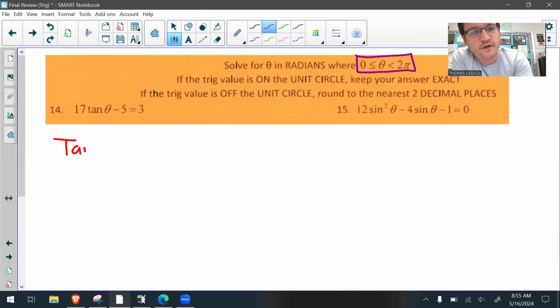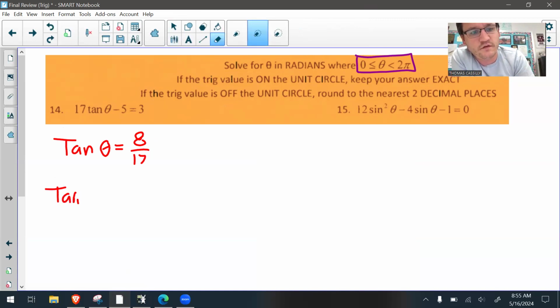I'm going to skip a couple of steps here. So the tangent of theta equals, if I had the phi, that's an 8. Then I'm going to divide by 17. We have 8/17 here. Then I'm going to take the inverse of both sides. I'm going to try to not make any mistakes.